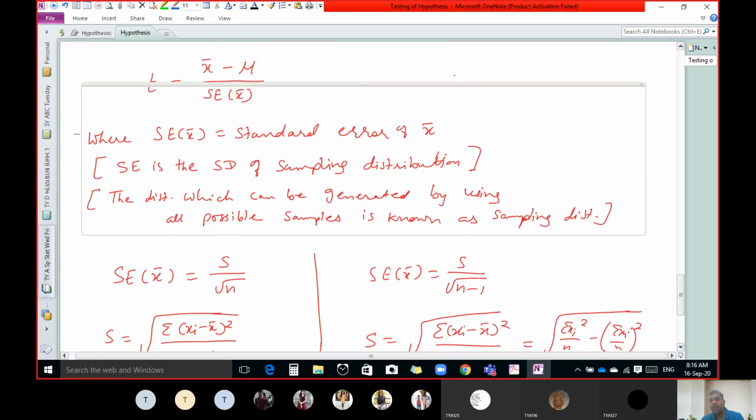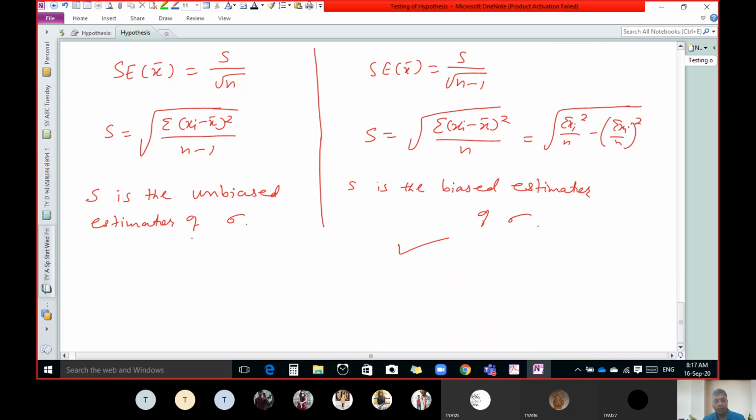Listen carefully. Use the second formula as the formula of standard error of x bar. So our formula of t becomes x bar minus mu upon the standard error, that means s divided by root n minus 1.